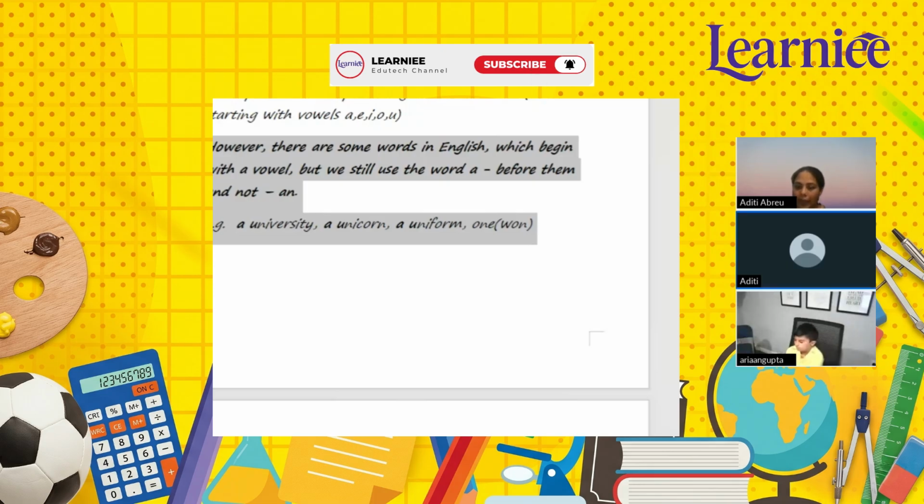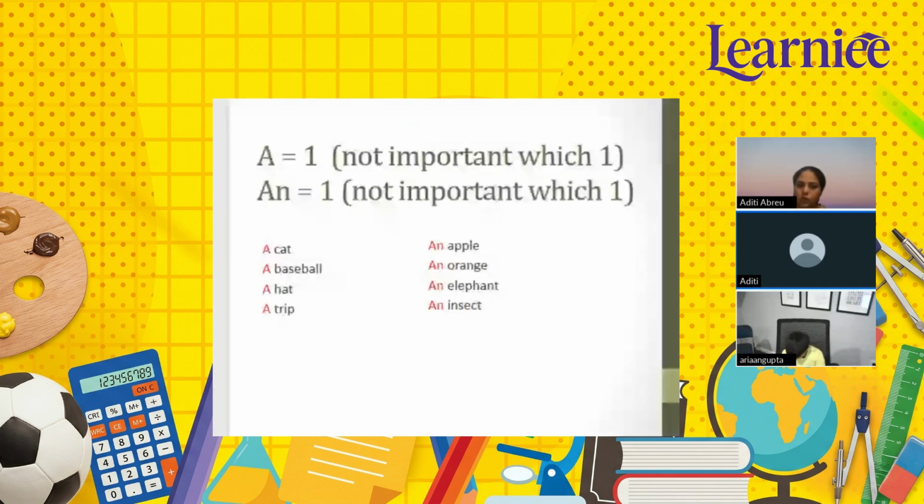an before it. So you see the words over here. Can you read the words along with their articles? A cat, a baseball, a hat, a trip, an apple, an orange, an oven, an insect.